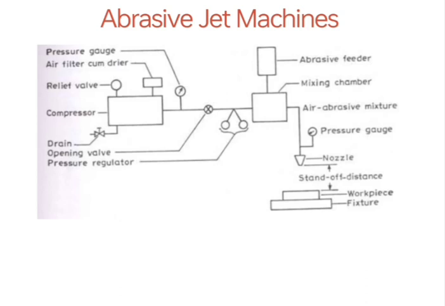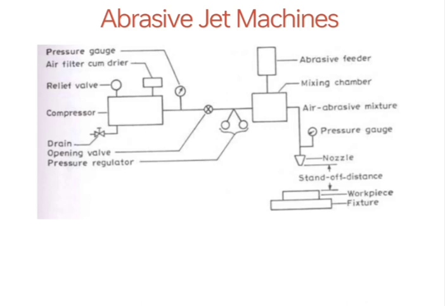After that, the high velocity air moves through the pressure gauge and passes through the opening valve, and we have to maintain a certain pressure by using a pressure regulator. Finally, the high velocity air moves to the mixing chamber. We also supply abrasive particles by using an abrasive feeder. Both mix in the mixing chamber, and the air and abrasive particles pass through the nozzle with some pressure.